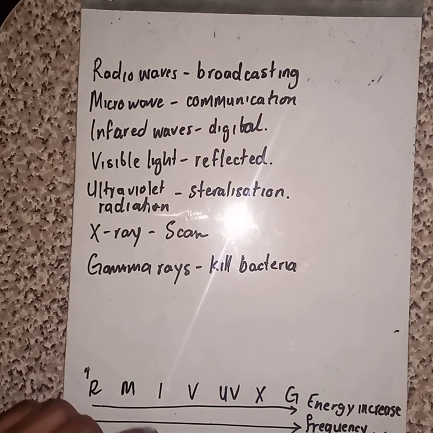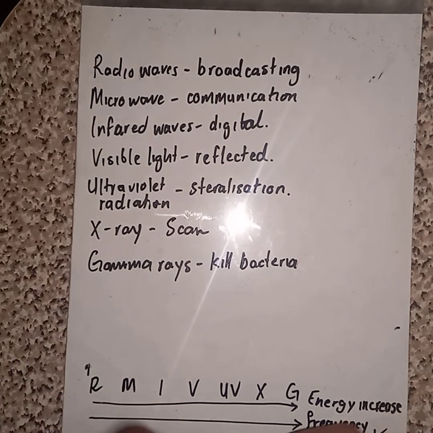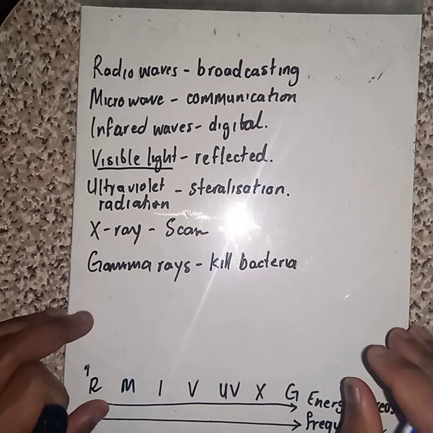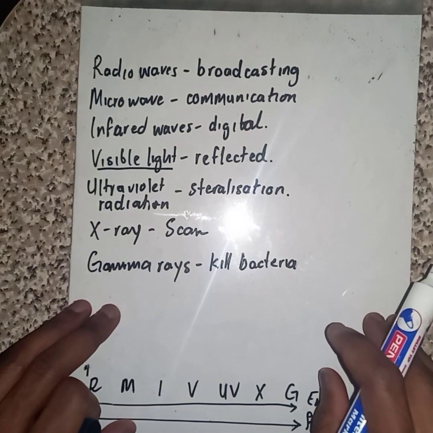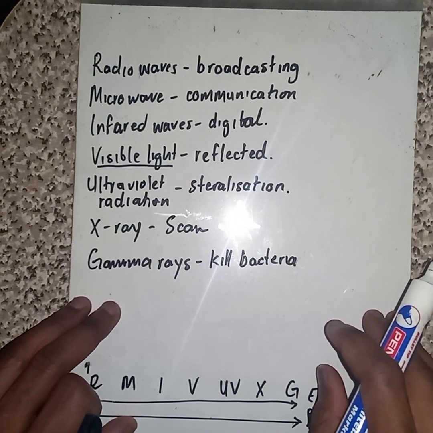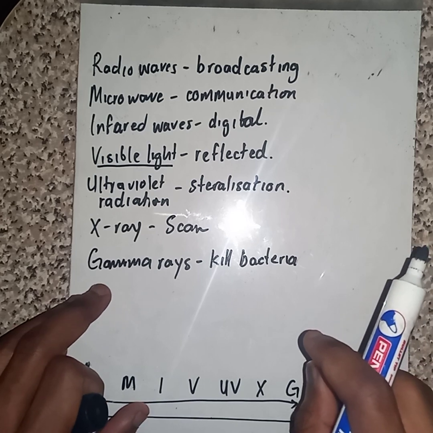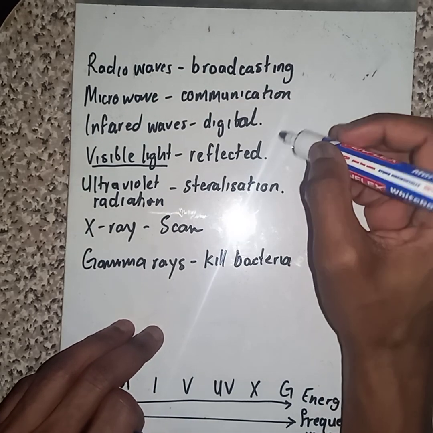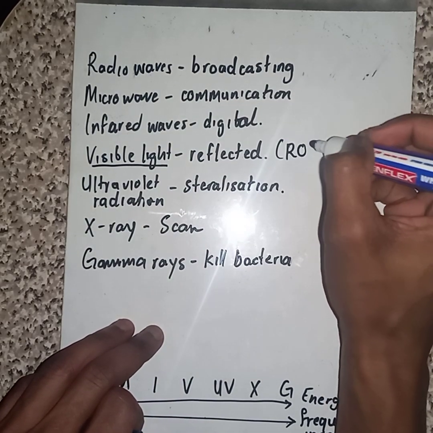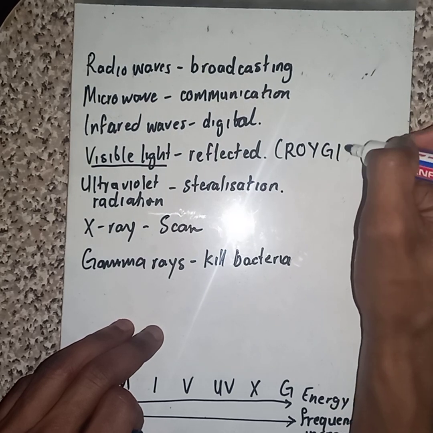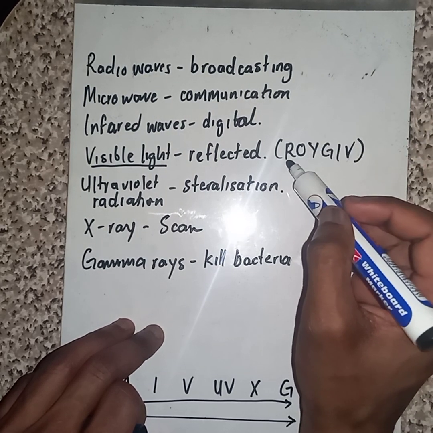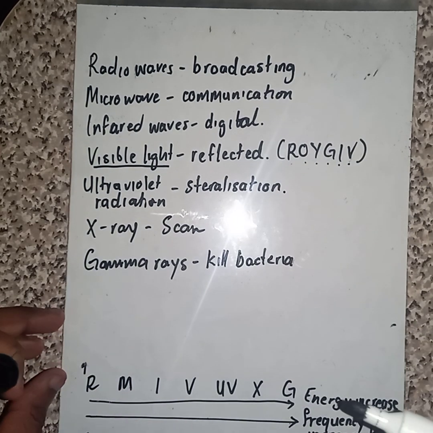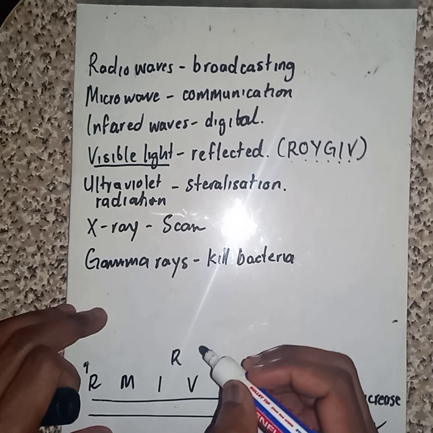What I'm going to do now is go back to the visible light. There are some colors that we can see on the visible light, which we say are ROYGBIV. We have the color red, orange, yellow, green, blue, indigo, and violet.